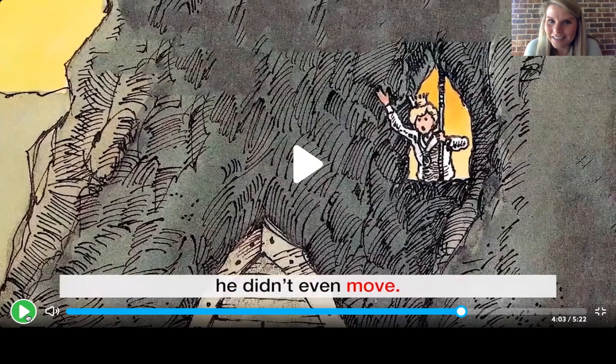I love the ending of this story though, because it is not what you would expect. So we could predict that Elizabeth's going to run into the castle. She's going to grab Ronald. Ronald's going to finally realize how much he loves her, and they're going to live happily ever after. Or are they? Let's see.